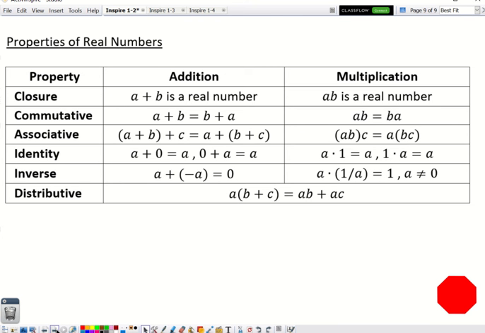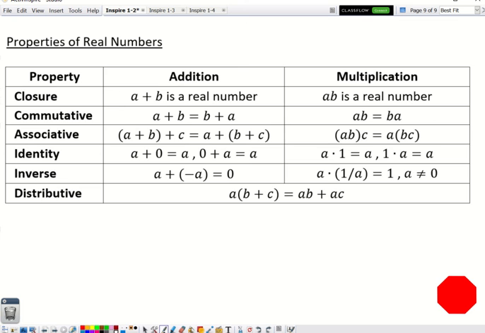And to finish this section of notes, a little chart of properties. Real numbers have at least a handful of properties that you should be aware of. This is a keystone thing. They will ask you to literally name, or identify, what property is in play if they show you some math.